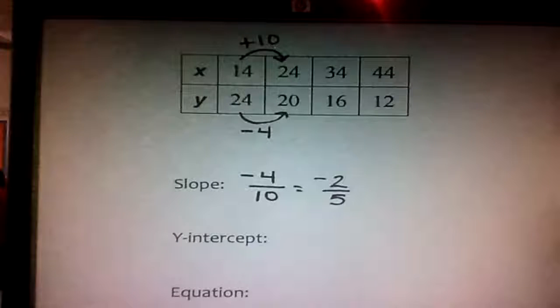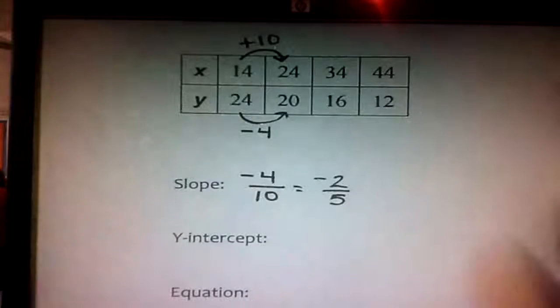Okay. This is a fraction. You all hate fractions. Oh my God. So there is another way that you can find the y-intercept so you don't have to use the table and work backwards. Okay.